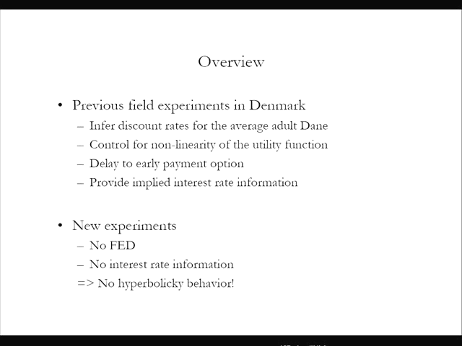So if we assume risk neutrality, then the average discount rate is 25%, and that drops to 10% when we control for risk attitudes. In both of these sets of experiments, we have a delay to the early payment of 1 month. So people are presented with a choice between a sooner, smaller reward and a later, larger reward. And that sooner, smaller reward is always after 1 month.